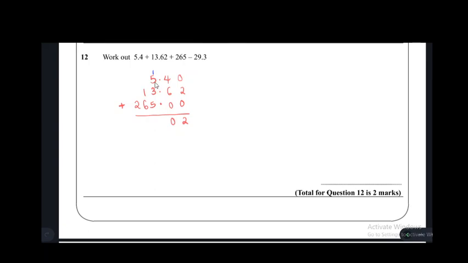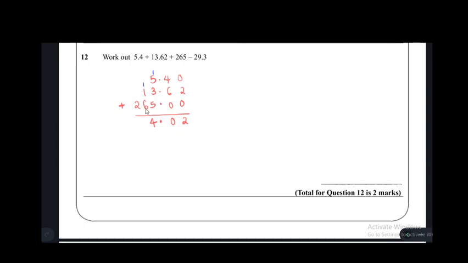1 plus 5 is 6. 6 plus 3 is 9. 9 plus 5 is 14. Remember to put the decimal, and then 14. So 4, we carry 1 right there.